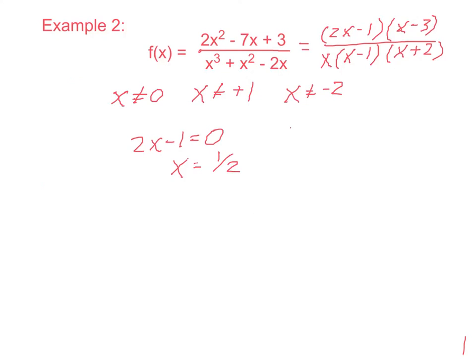And if we set x minus 3 equal to 0, and add 3 to both sides, we get x equals 3. So the two zeros are x equals 1/2 and x equals 3. And as I said, the domain is all values of x except 0, 1, and minus 2.